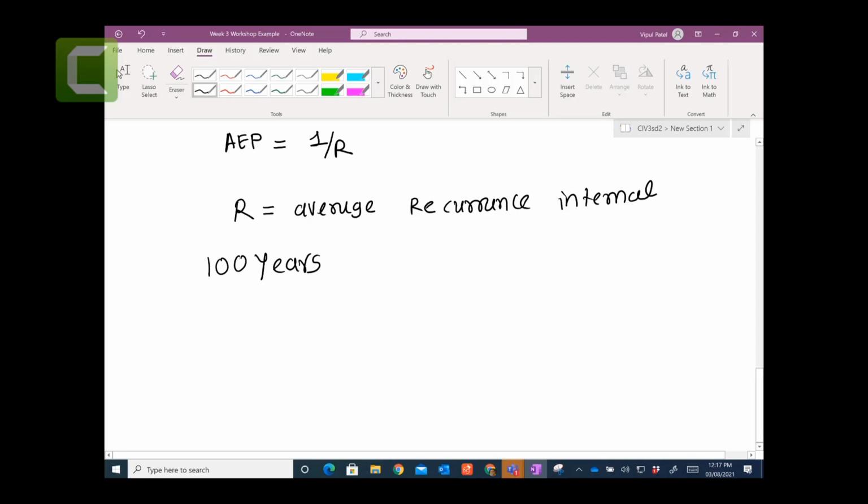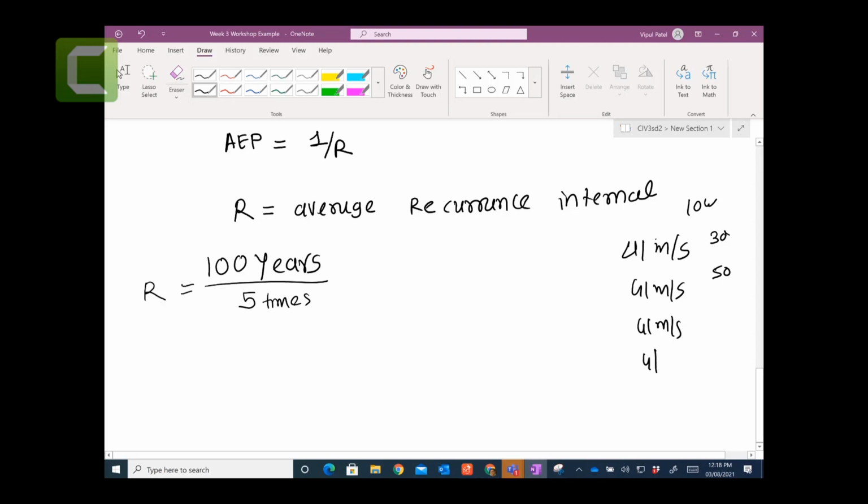Over a given time, let's say 100 years, they measure 41 meters per second after 10 years, again in 30 years, again at 50 years. So let's say they measure 41 meters per second 5 times in 100 years.